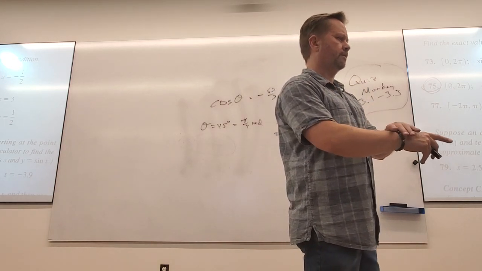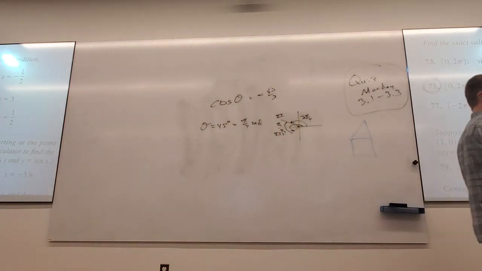The way I was thinking to convert to radians is pi is the same thing as 180. Totally. So then 180 divided by 3 would be 60. 180 divided by 4 is not as easy to do in your head, but you'll start to memorize that pi over 4 is 45.